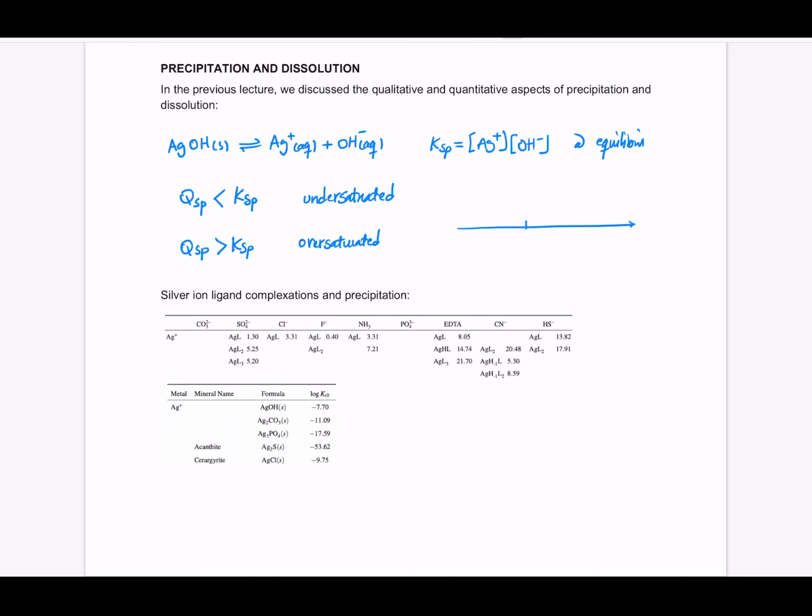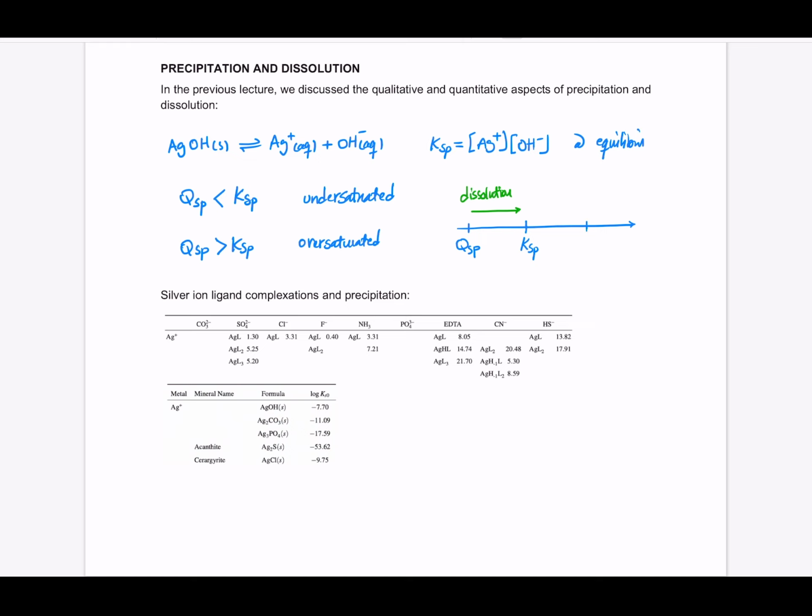Or the ladder we used before: the reaction progress on the right-hand side is basically KSP. If we get QSP smaller, then we have dissolution. So basically we're dissolving silver hydroxide into silver ion and hydroxide ion.